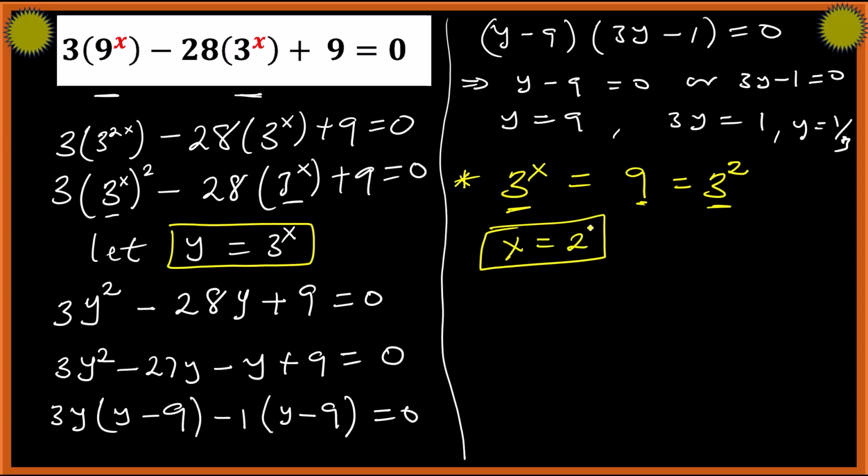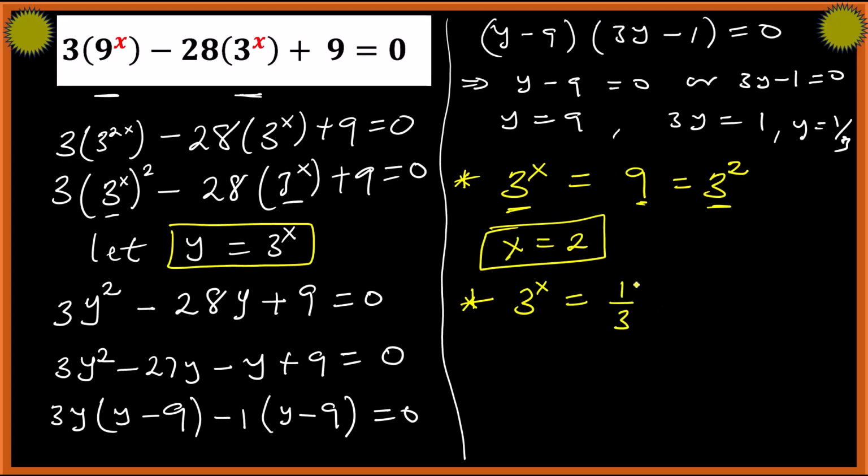All right. Now let's go to the next one. The next one has to do with 3 raised to x equals 1 on 3.